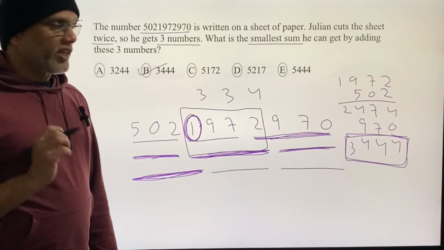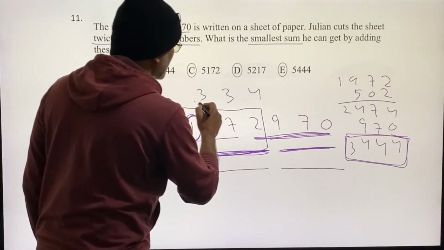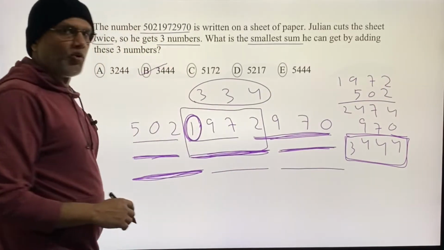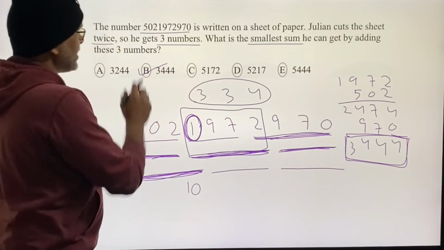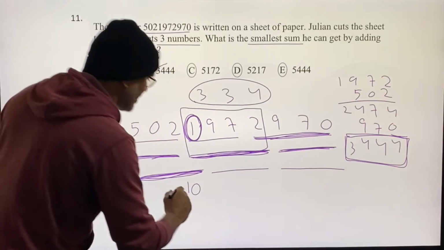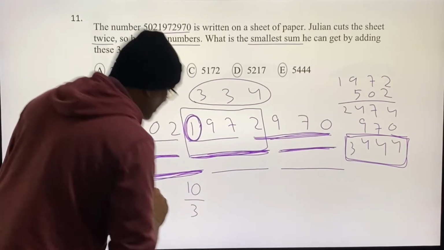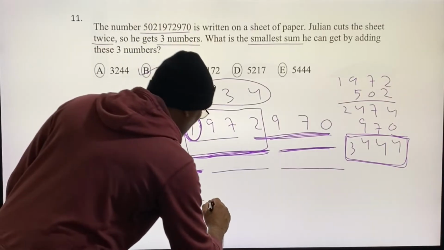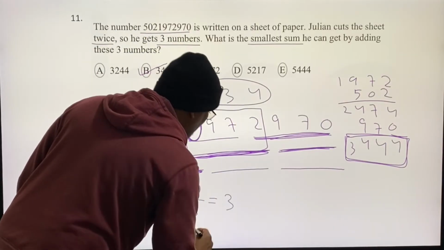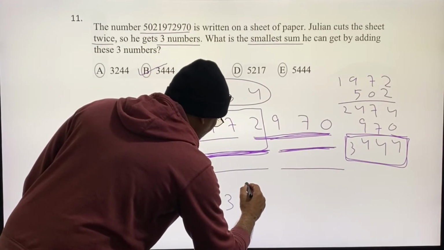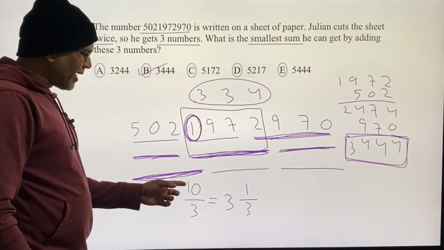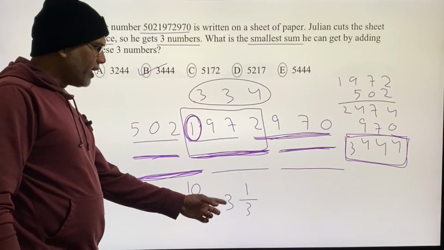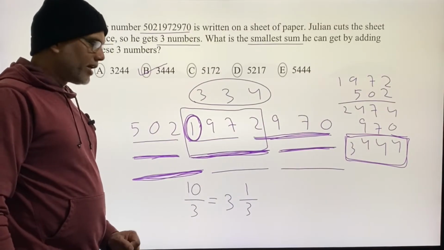Okay. One more thing. How did I come up with this grouping of 3, 3 and 4? Right. So I had a total of 10 digits. I wanted to divide it into 3 groups. When I divide 10 by 3, I get 3 whole and a remainder of 1, right?